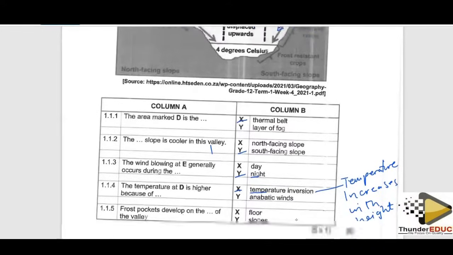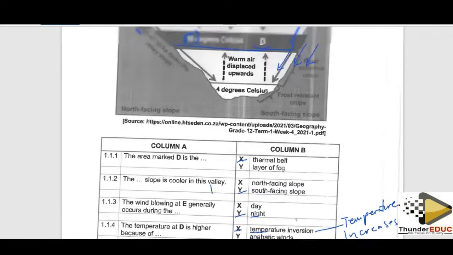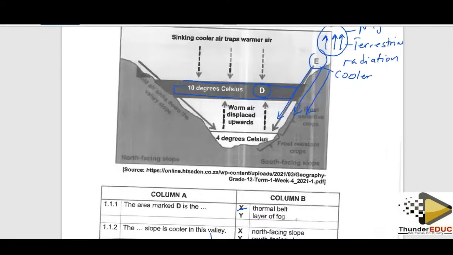1.1.5, it says frost pockets develop on the dash of the valley, which is going to be the floor. So our answer will be X, because we know that whenever air subsides to the valley bottom, it settles at this point.